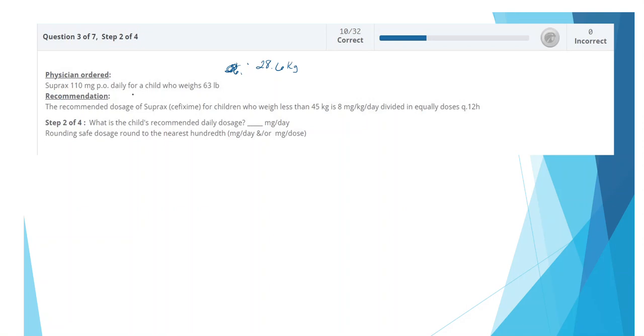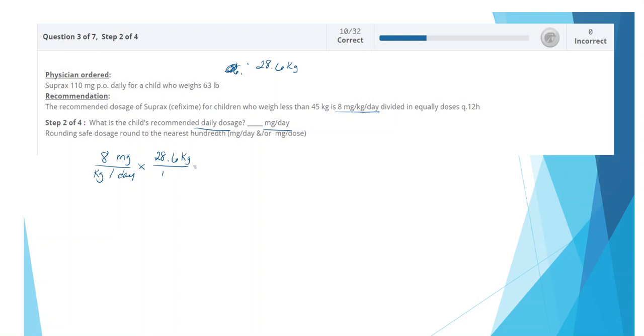And so I'm going to calculate, again, it's wanting the milligrams, the daily dosage, milligrams per day. So I'm going to find my milligrams per day. So I'm taking the 8 milligrams per kilogram per day times the child's weight of 28.6 kilograms over 1.